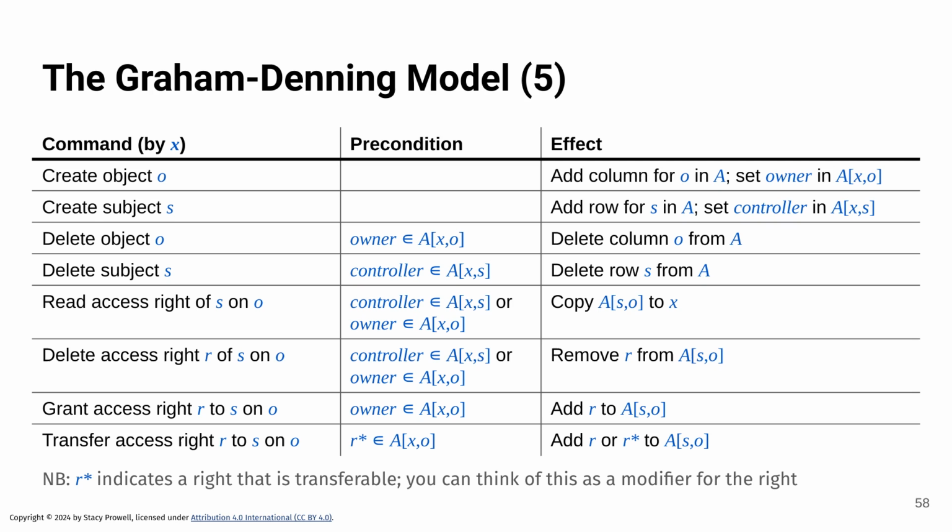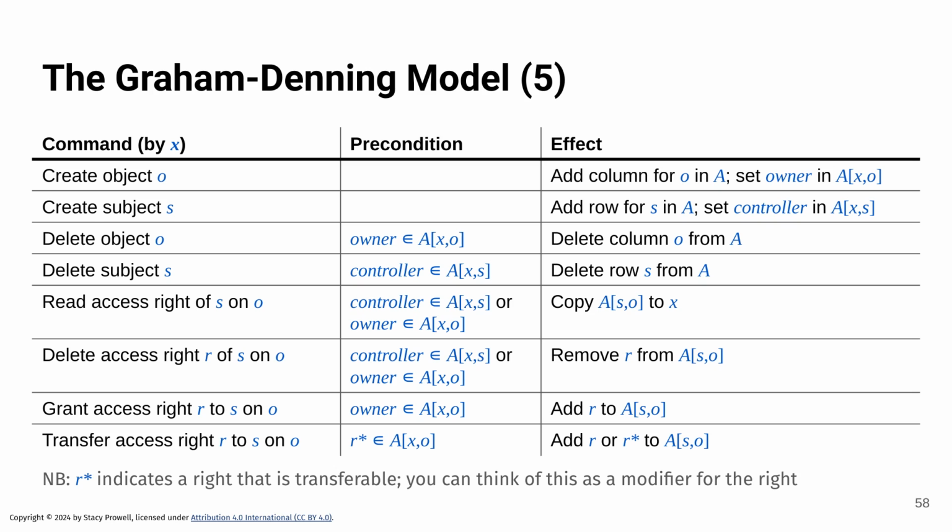Okay? At the bottom, the last row, you see the use of an asterisk there. The asterisk indicates that the right is transferable. So I say I want to transfer a right. Let's say I want to give you permission to read a file. I have to have a transferable copy in my entry of the access control matrix. So I look for R star in A[X,O].